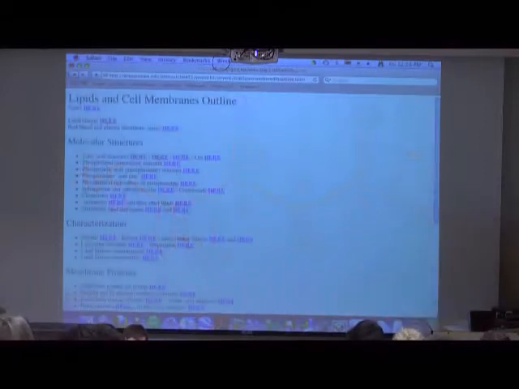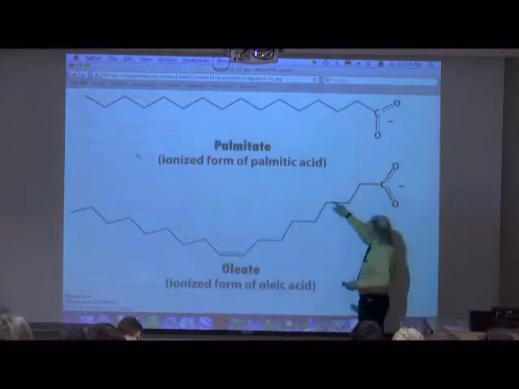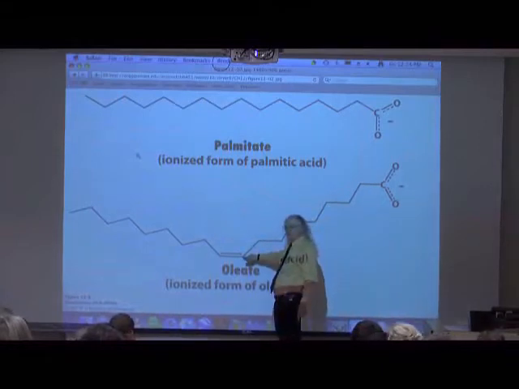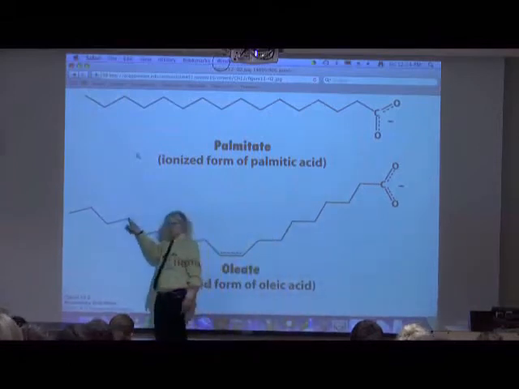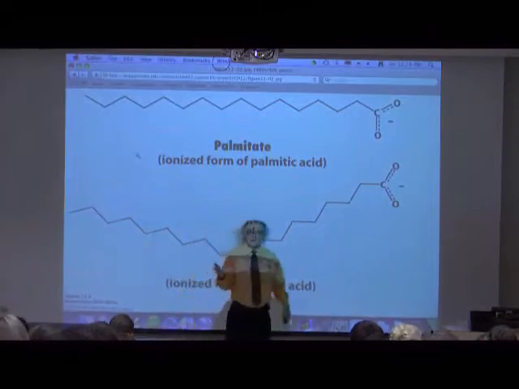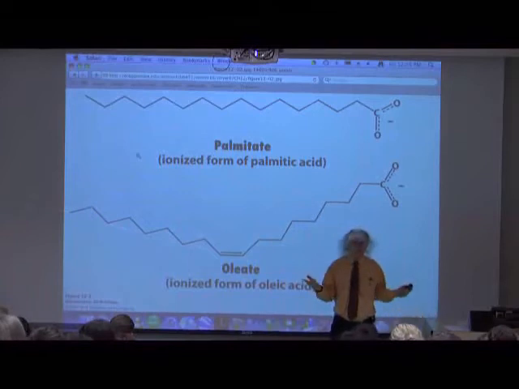If we look at oleic acid, here's oleic acid: 1, 2, 3, 4, 5, 6, 7, 8, 9. So we can make oleic acid. 10, 11, 12, couldn't make that one. 13, 14, 15, couldn't make that one. That's why we refer to things that have double bonds further out in that chain as being essential.